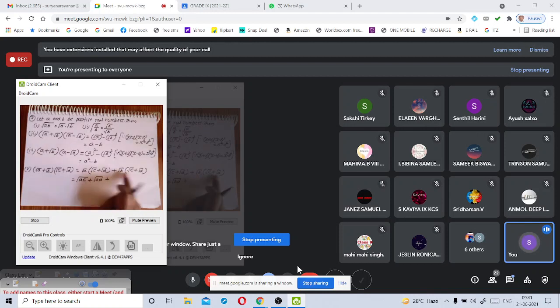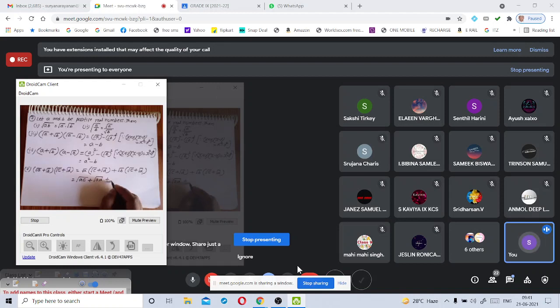Multiply these two expressions. Can anyone tell me what you will get by multiplying? Follow the same procedure here also. So root bc. Yes, very good, Srujana.